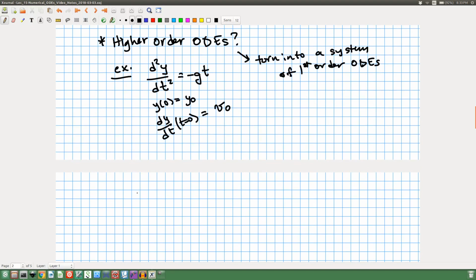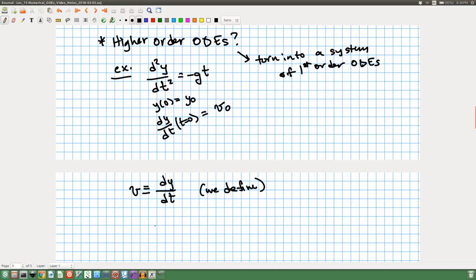The basic gist is that you make a substitution for a derivative. So I make the substitution v for this derivative here. I made up that variable, and v is nice, it's the velocity if this were a position. So this is just something we define.